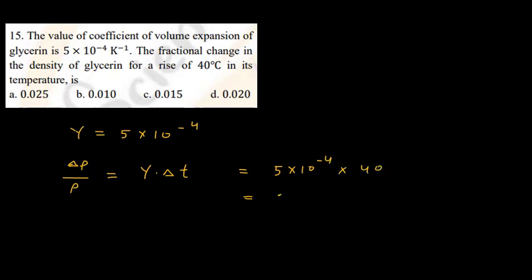So 5 into 40 is 200, into 10 power minus 4. So this is 0.02, 0.020 we can say. Now this change in something upon original is called fractional change. So this is the fractional change in density. Okay, so this is the 15th question.